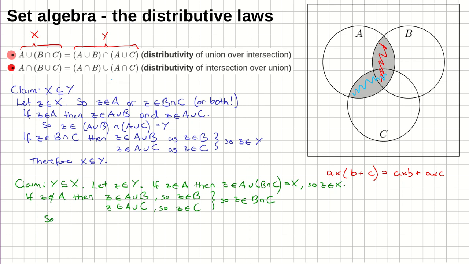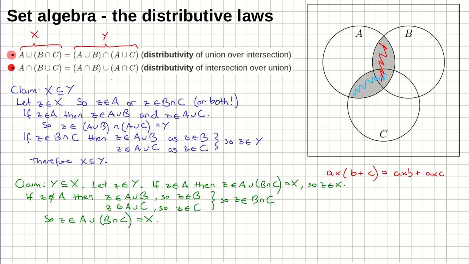Okay, so in this case, if Z is in B intersect C, it's in B intersect C union absolutely anything. So in particular, it's in B intersect C union A, which is X. Okay.